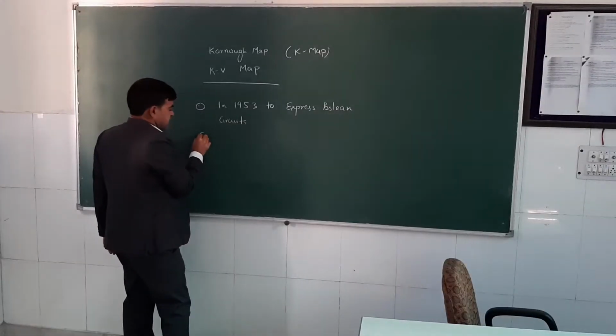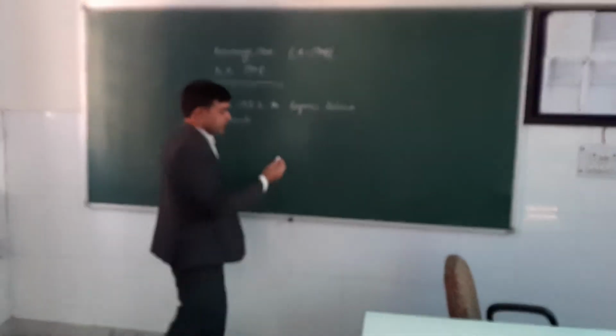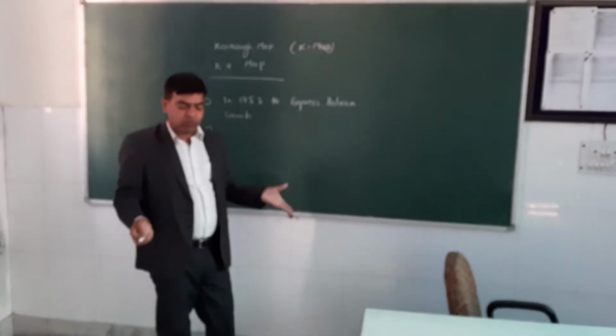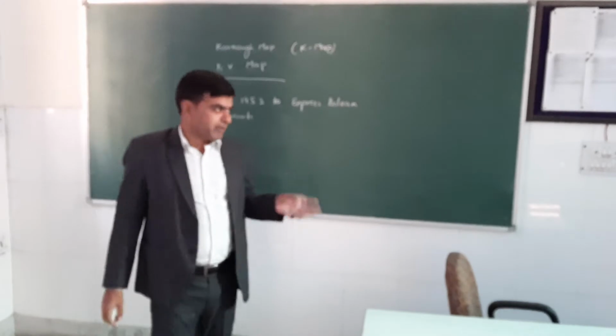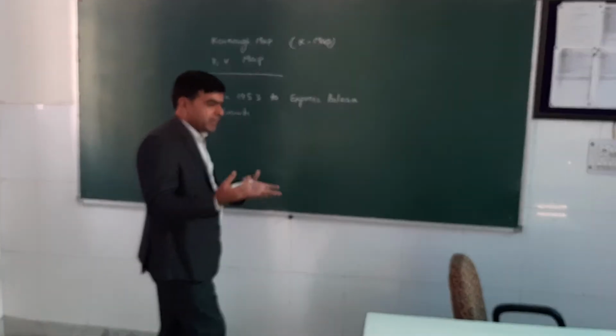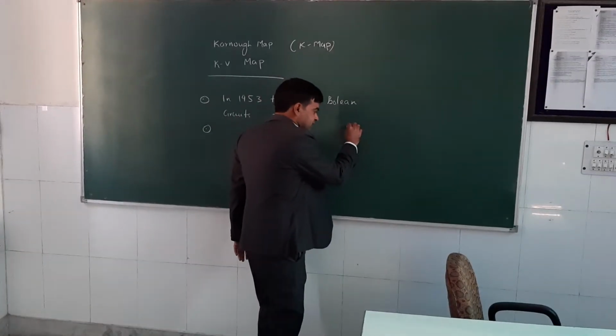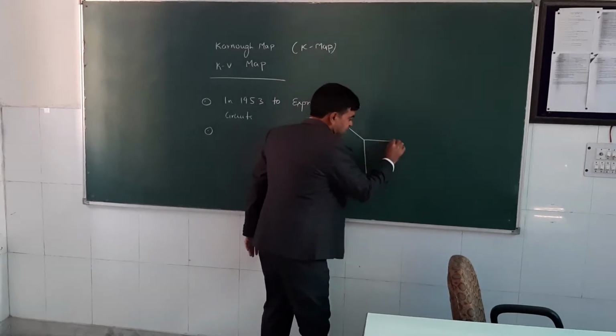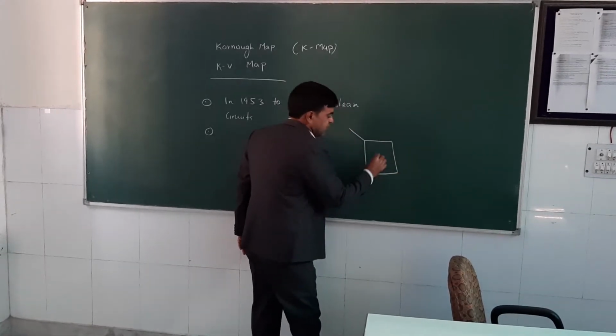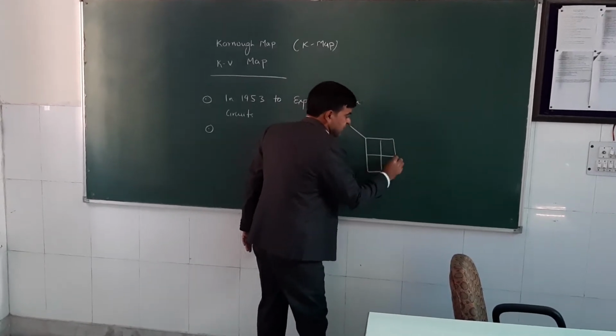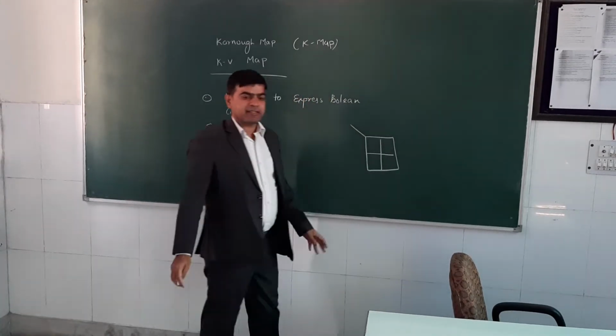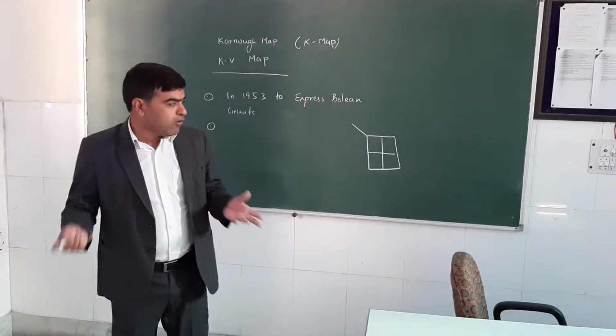When we are discussing a two variable K-map or three variable K-map, we must know how many cells we must have. Here I am discussing the two variable K-map. It must have four cells.